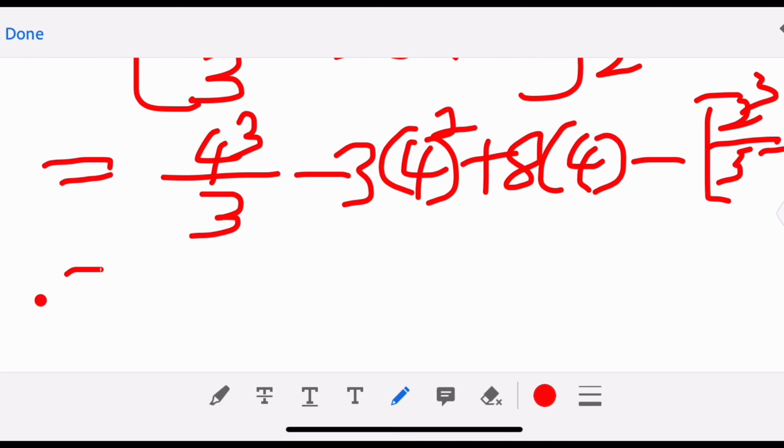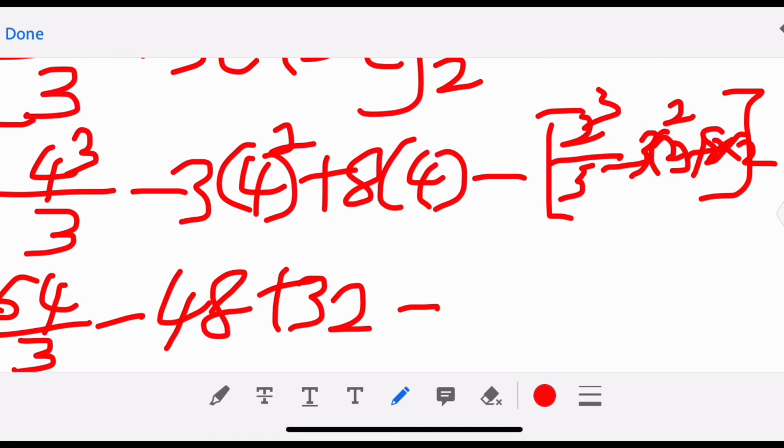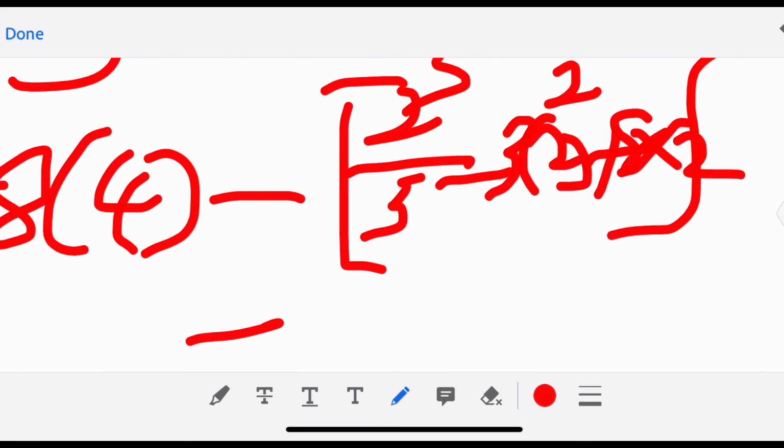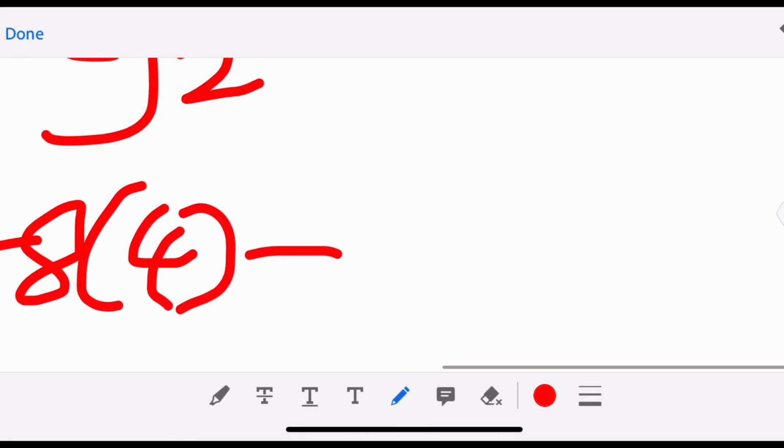So it is 64 over 3 minus 48 plus 32, and we have to minus the integration value just now.